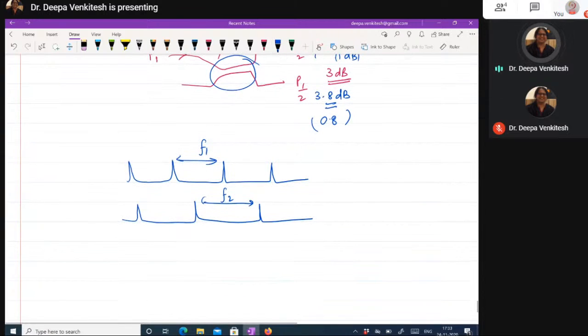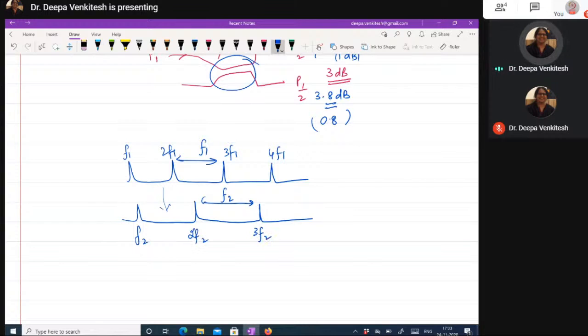So this is again something like an algebra. Suppose you are cascading these two, you can put numbers like let's say this is f1, this is 2f1, this is 3f1, this is 4f1, and so on. This is at f2, this is at 2f2, this is at 3f2, and so on.